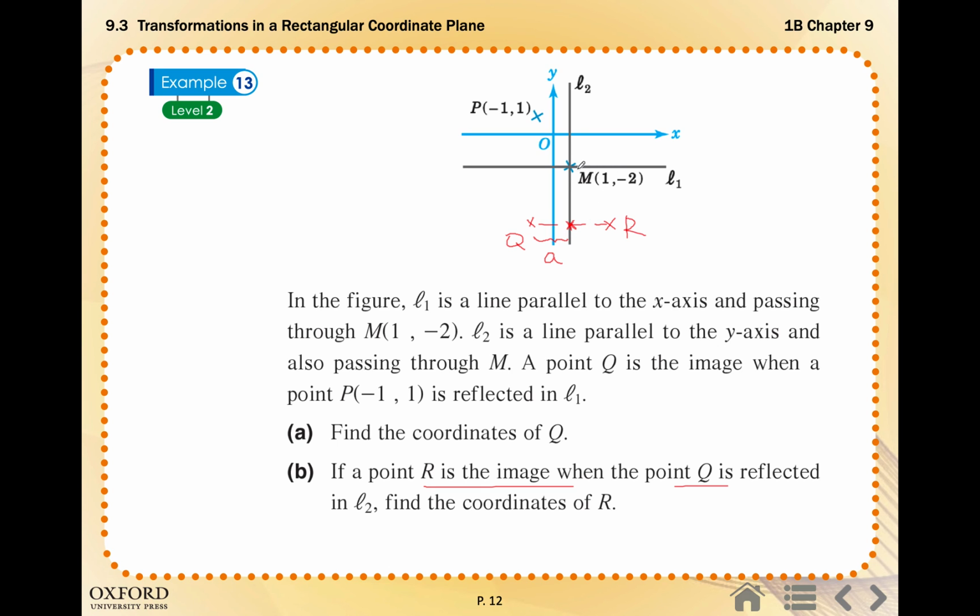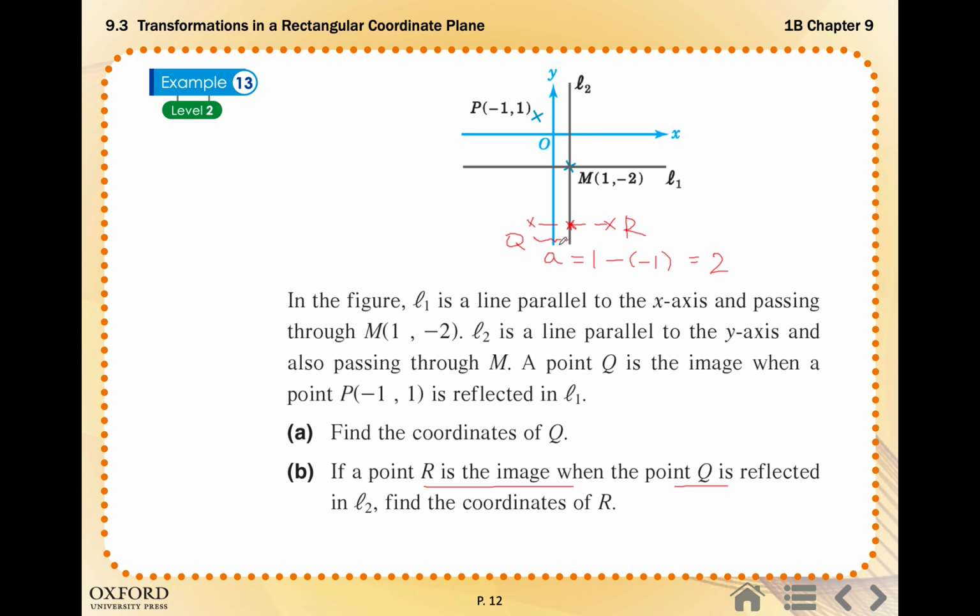And the X coordinate of this point is easy. It should be the same as the X coordinate of M. That's why here A should equal to 1 minus -1, the X coordinate of Q is -1. That's why you find that A equals to 2. And then for the follow-up, I don't want to continue to discuss it.